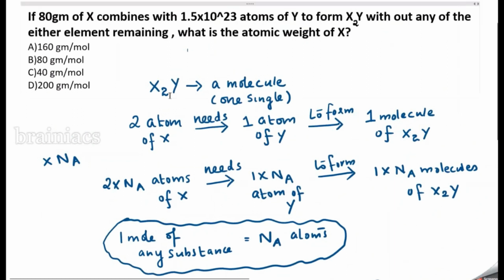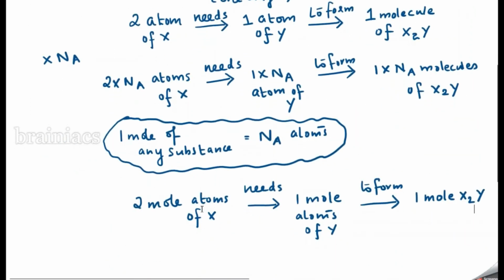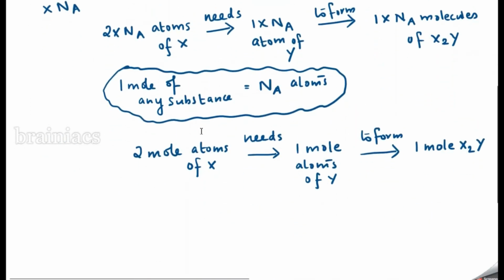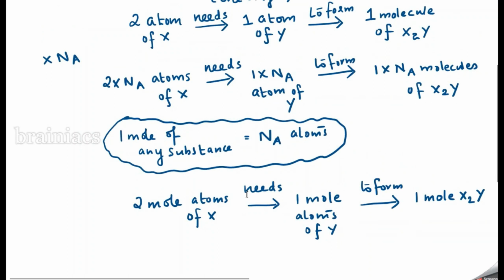So in the question, they are telling 80 gram of X combines with 1.5 into 10 power 23 atoms of Y, correct? So I will mark this as equation 1, and this as equation 2.